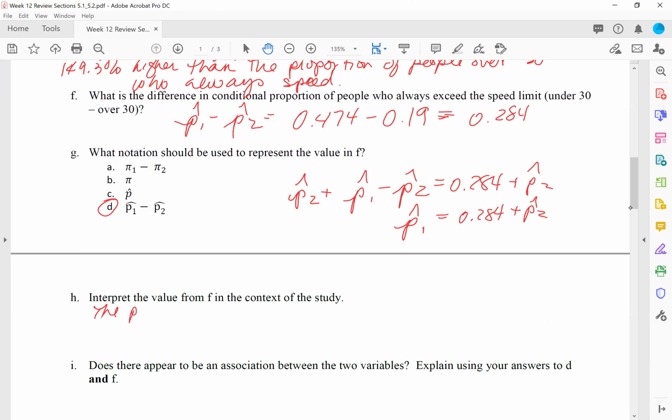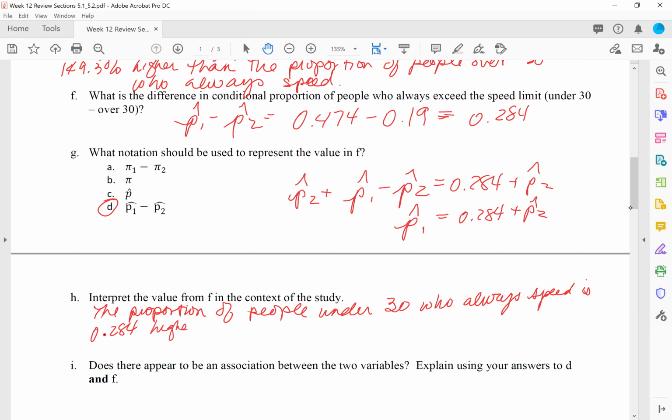So the proportion of people under 30 who always speed is 0.284 higher than the proportion of people over 30 who always speed.